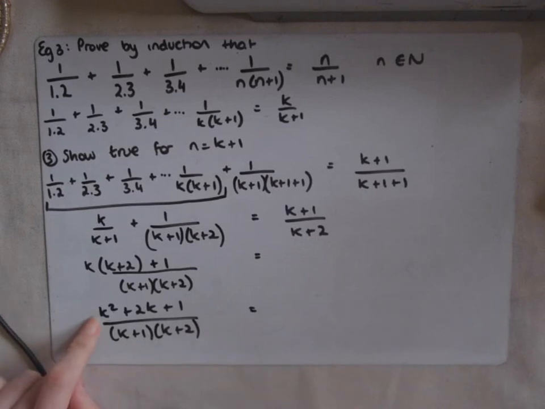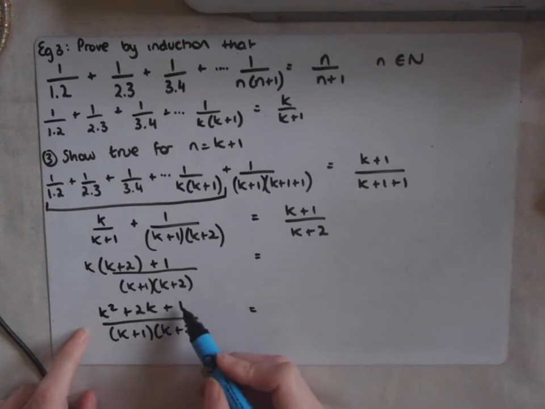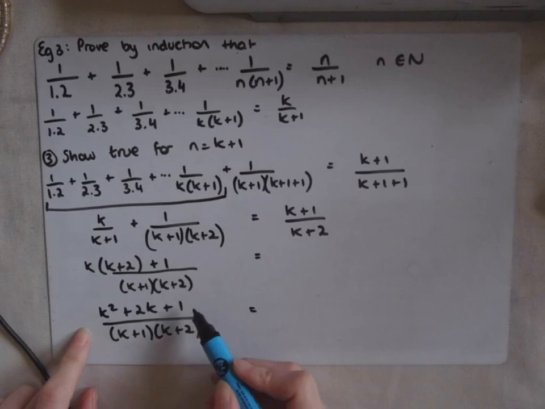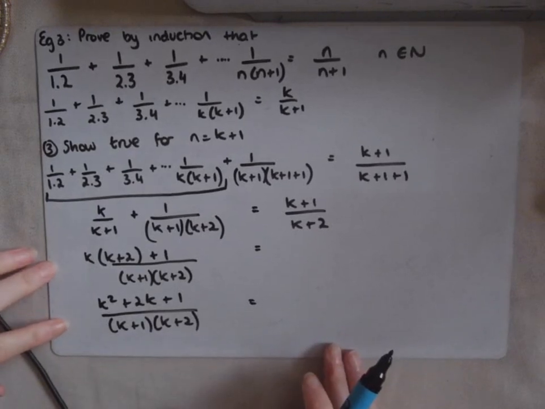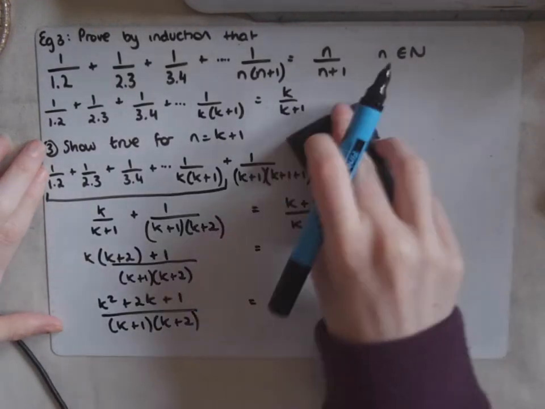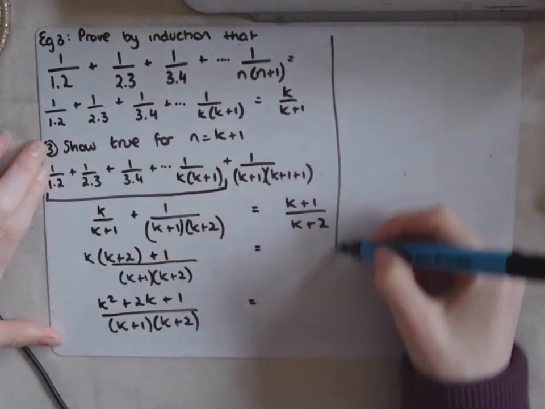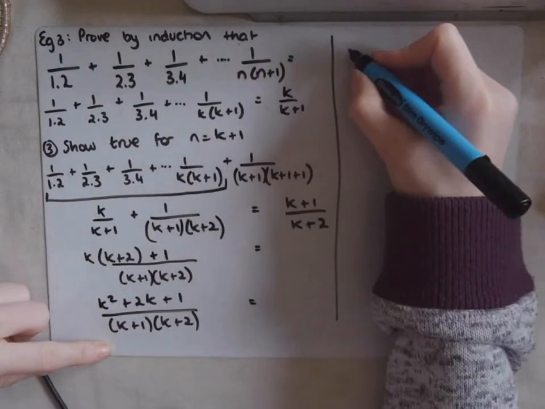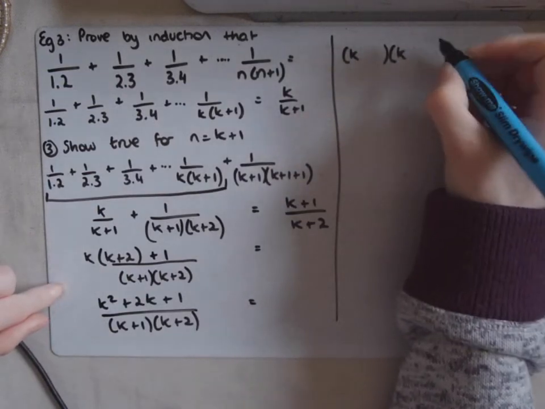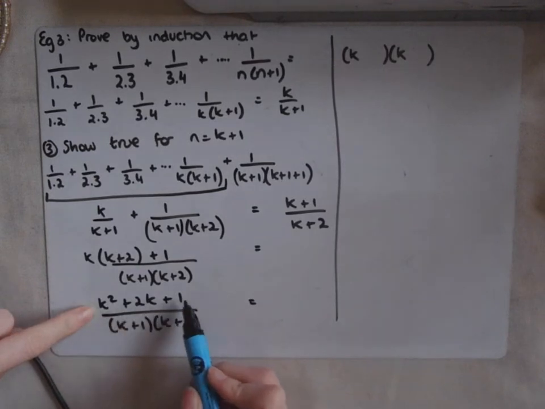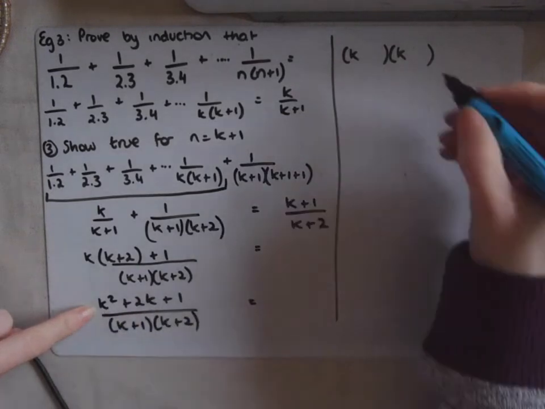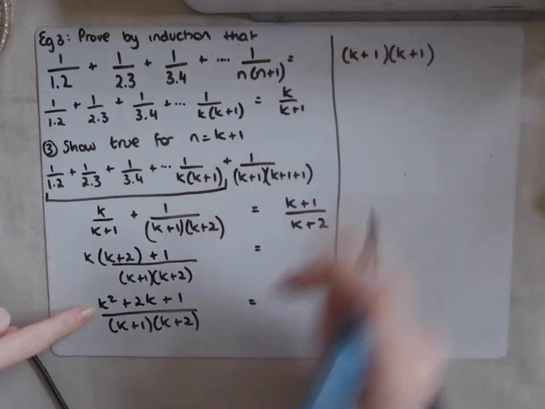Now, if we factorize k squared plus 2k plus 1, okay, the factors of 1 are 1 and 1. So, just underneath that, I'm going to go over here if that's okay. Under this, I have to factorize this top line, this quadratic, so I end up with k plus 1 and k plus 1.